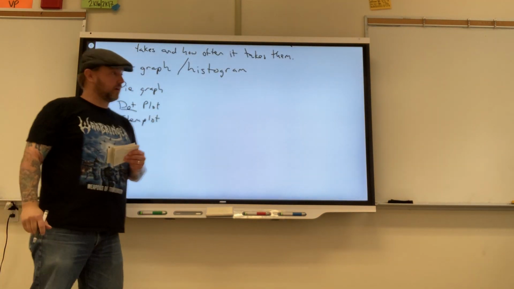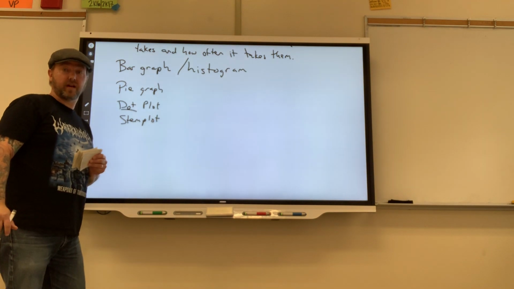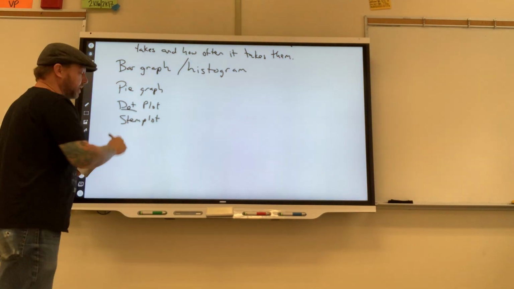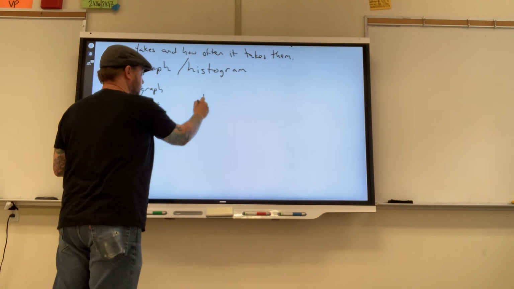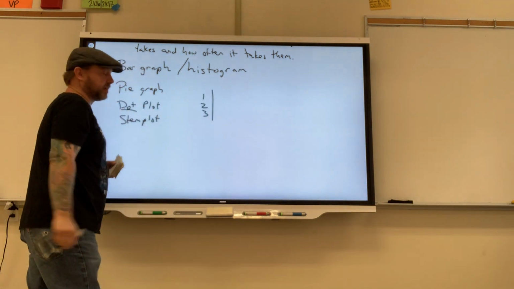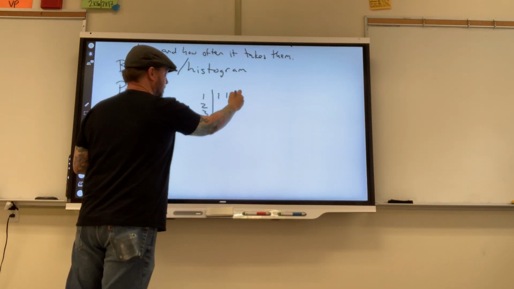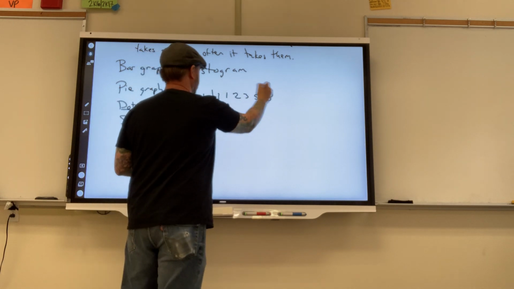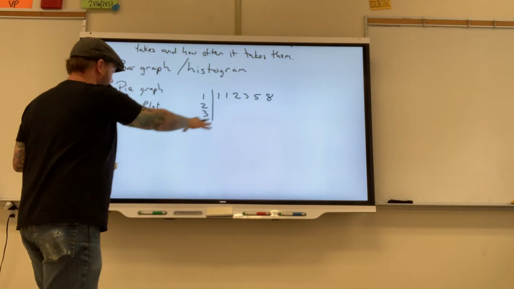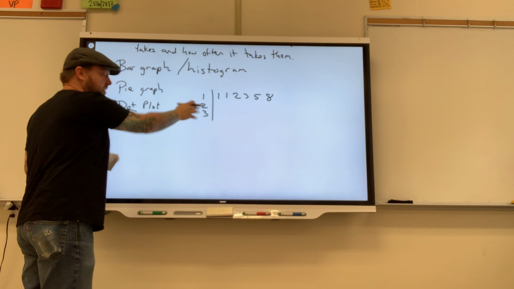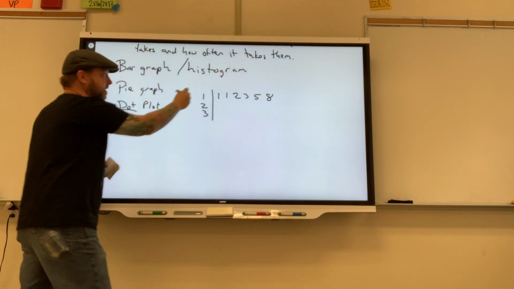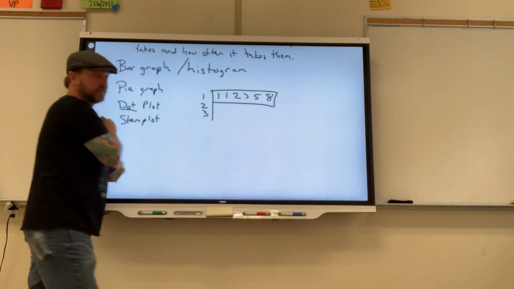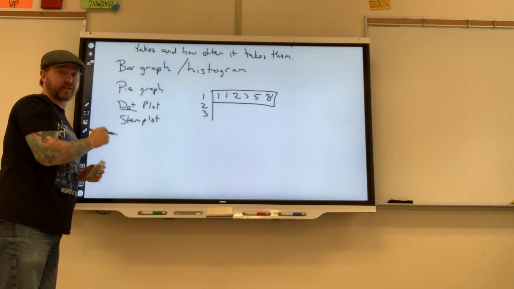Stem plots, also suspiciously like histograms. Okay, but a stem plot, you write down the stems, the leaves, and so on, but it works out to where it's going to end up looking like a histogram. Also, make sure you have a key.